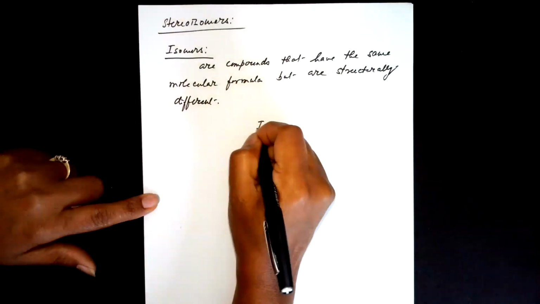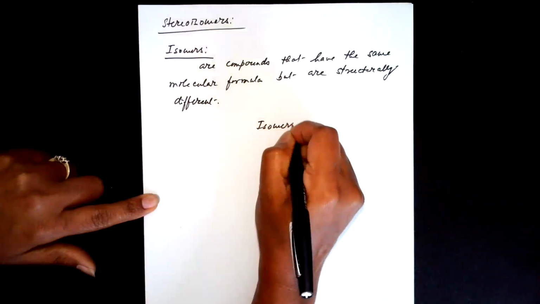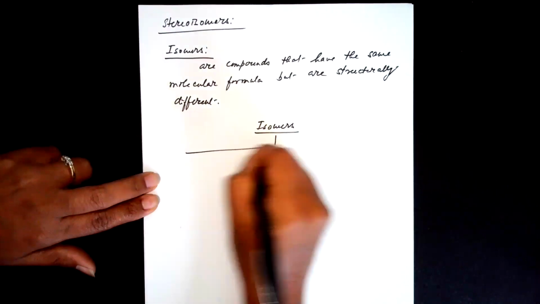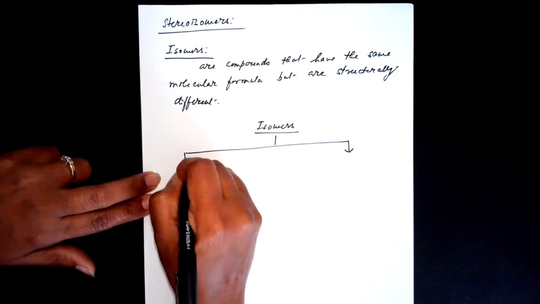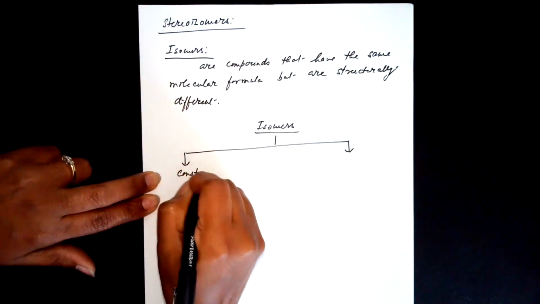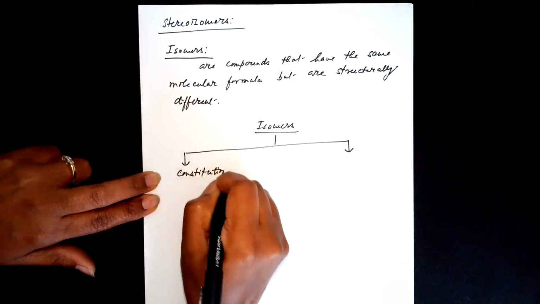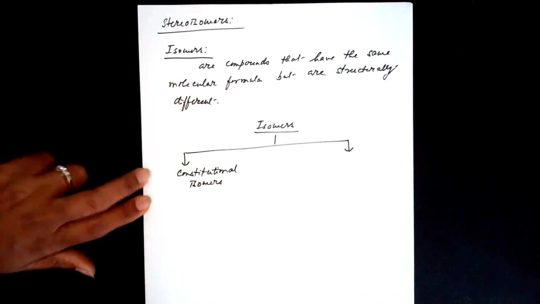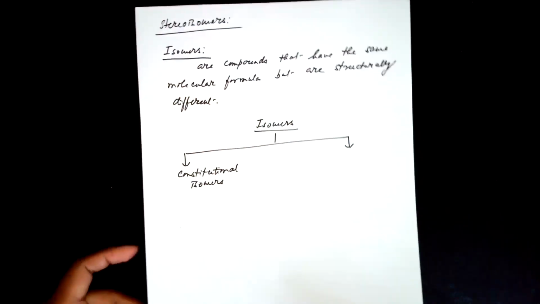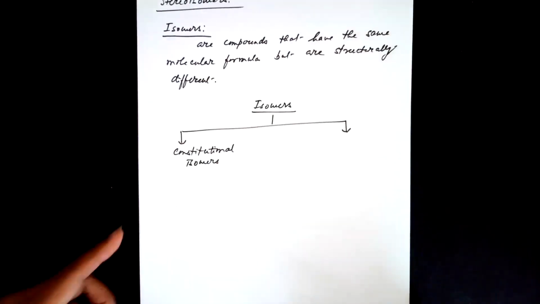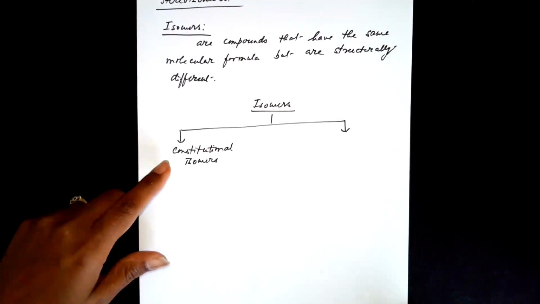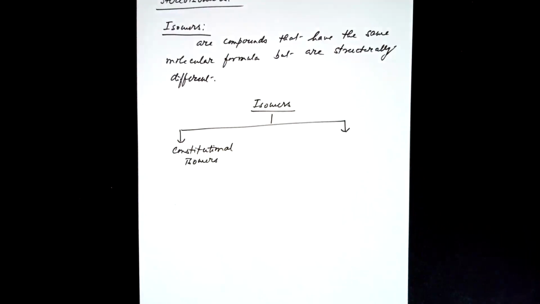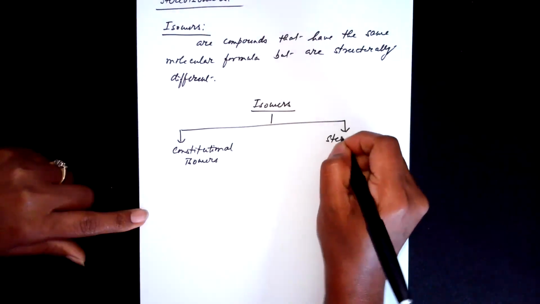Now, isomers were classified broadly into two types. One was constitutional isomers, and I've made a video on this before, where we also introduced IUPAC nomenclature with the help of constitutional isomers. So you can look that up if you need to review this. The other type goes by the name of stereoisomers.